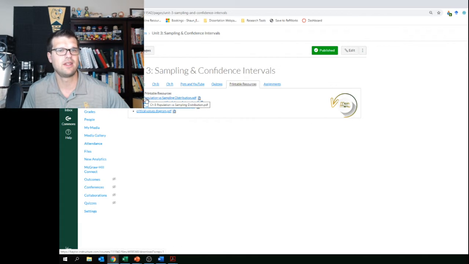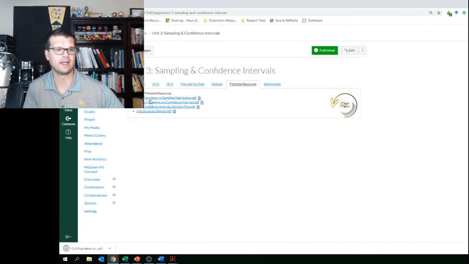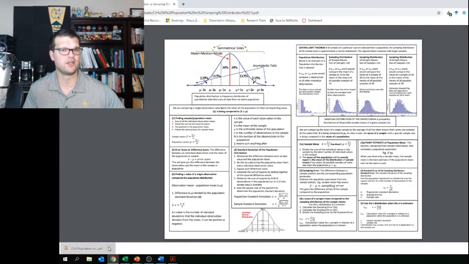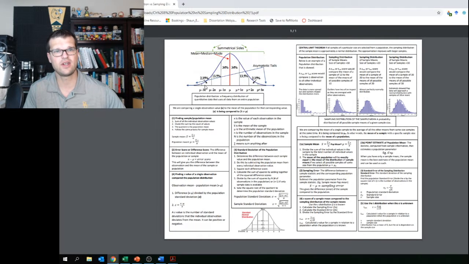If you look at the population versus sample distribution right here, it's really cool because we are shifting from going over population distributions. With a population distribution, you have an entire distribution of the entire population, and each and every single observation here is representative of a single observation. But now, when we have this distribution, we no longer are representative of a single observation.